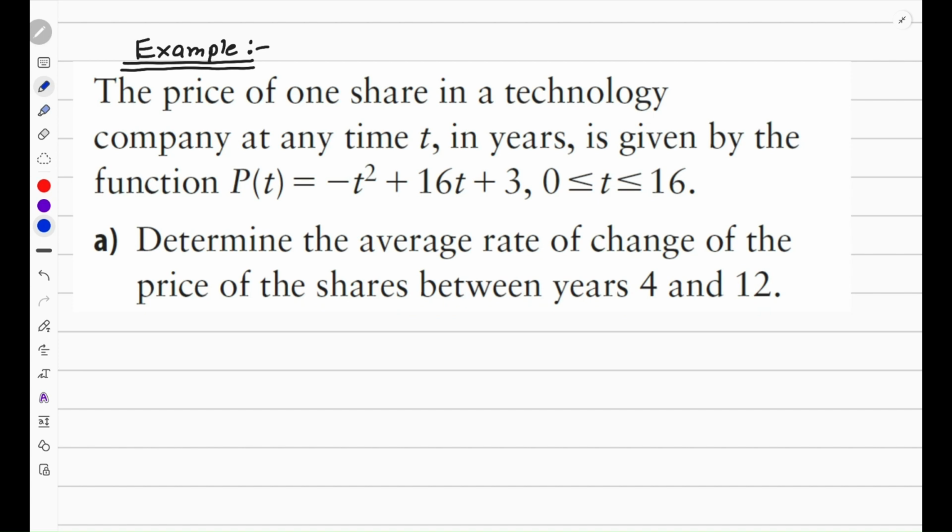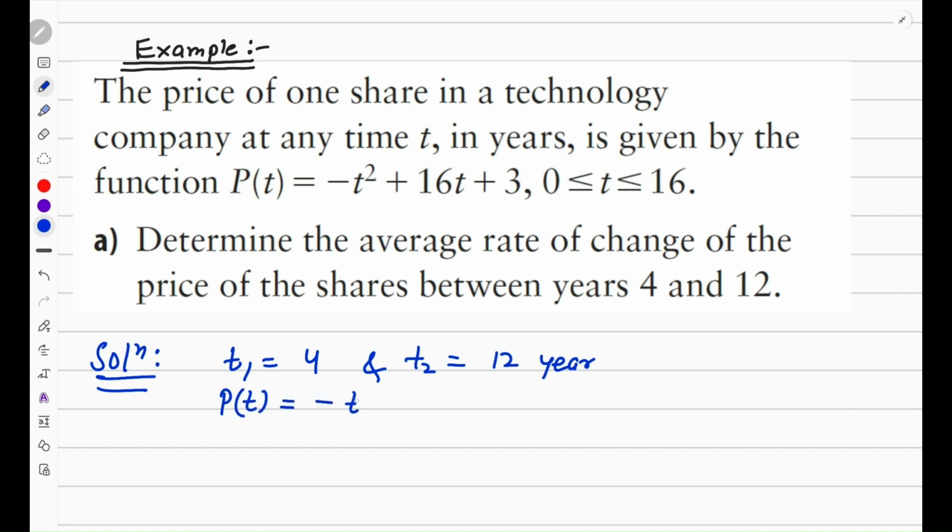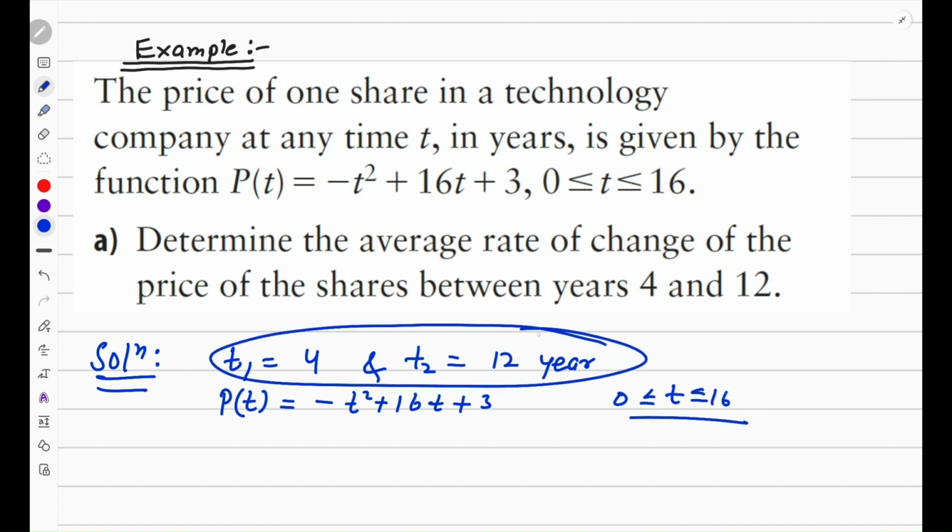So we have the time t1 as 4 and t2 as 12 years. We have the function P of t as minus t square plus 16t plus 3. It is valid for the duration 0 to 16 years.